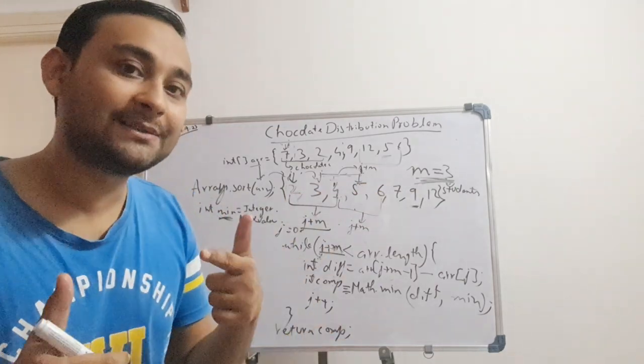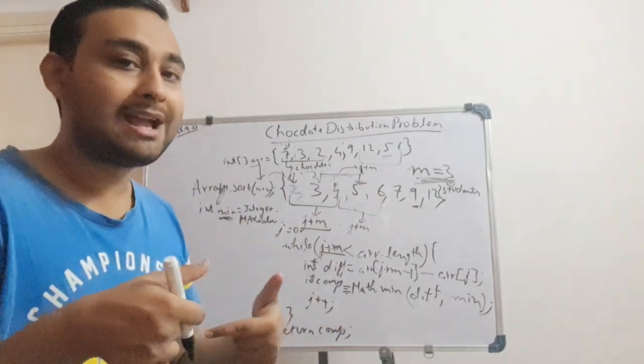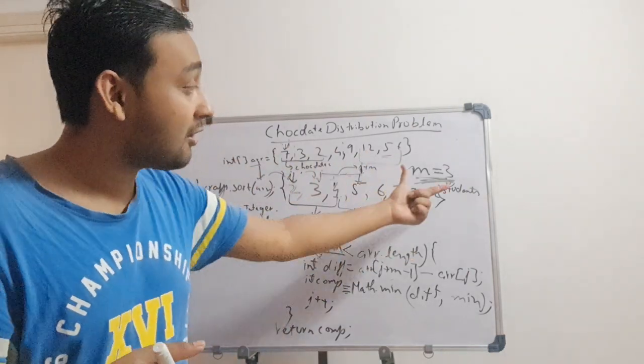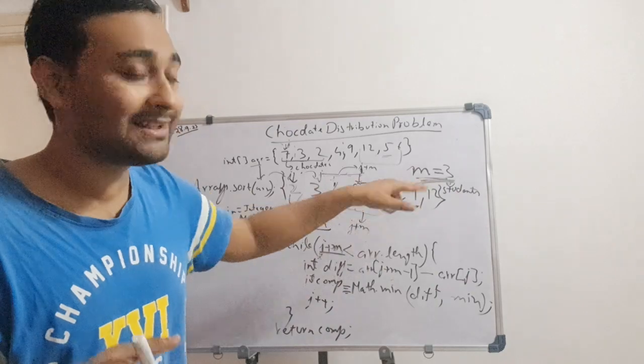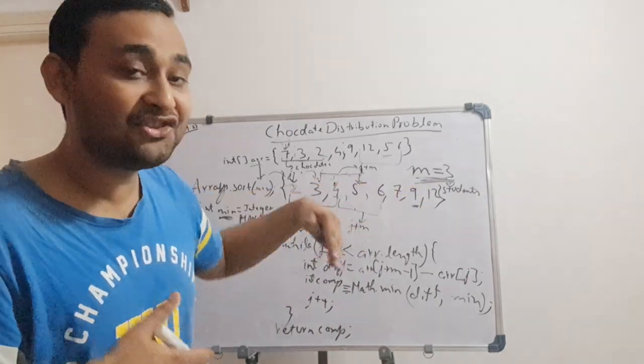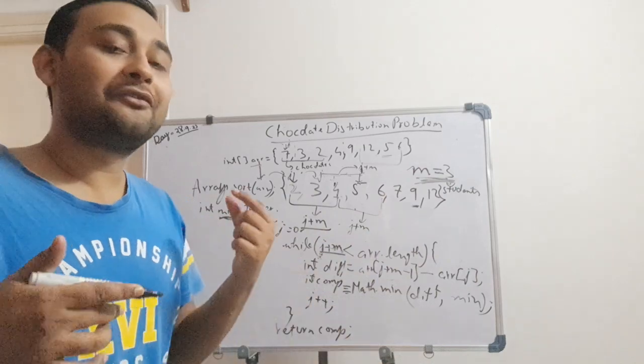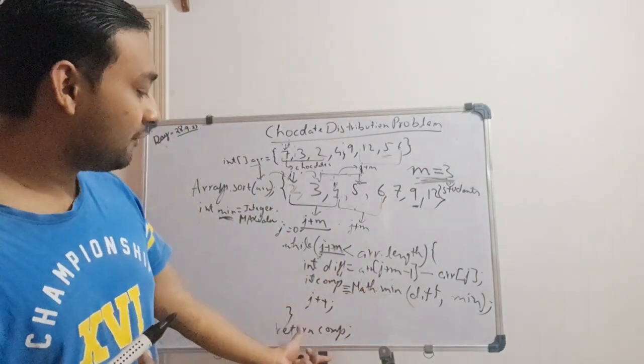The difference of maximum and minimum should be the minimum, and it needs to be compared across all the elements, 3 at a time or m at a time. For this example it is 3, but in general we have to check m at a time with all the other elements, find the minimum difference, and return that value.